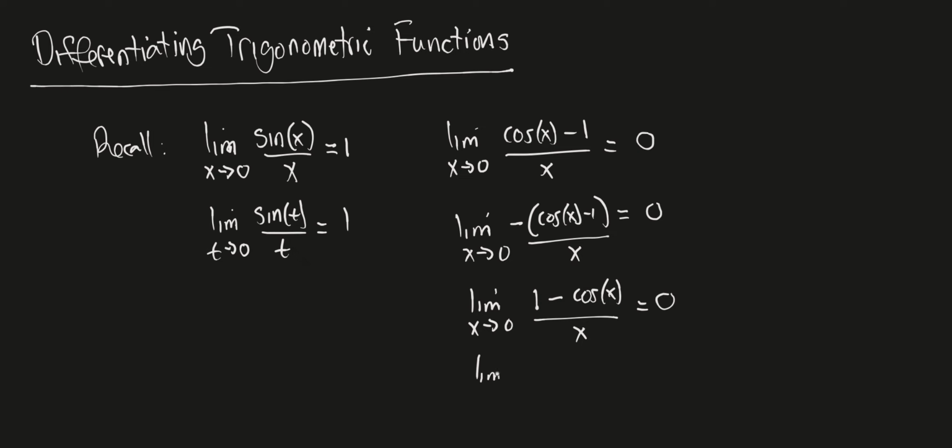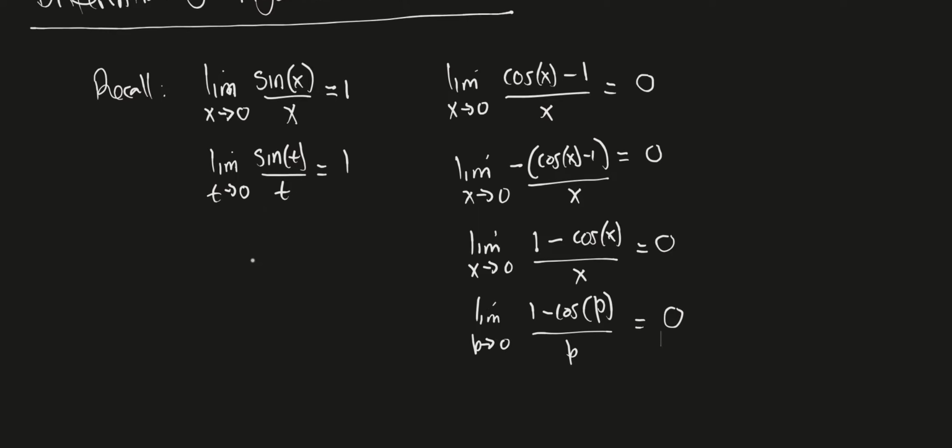I could have the limit as p approaches 0 of 1 minus the cosine of p over p, and that would still be 0, right? So I just wanted you to see the different versions of this, and the letters aren't significant. The only thing that's significant is the form of this fraction, and the fact that your variable is approaching 0.